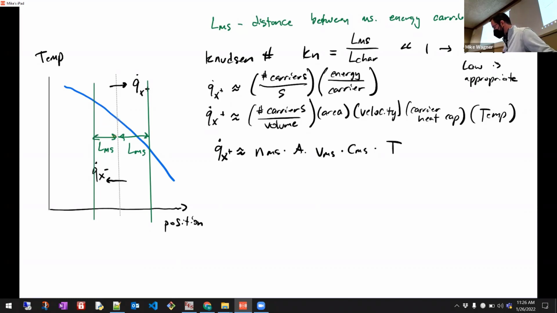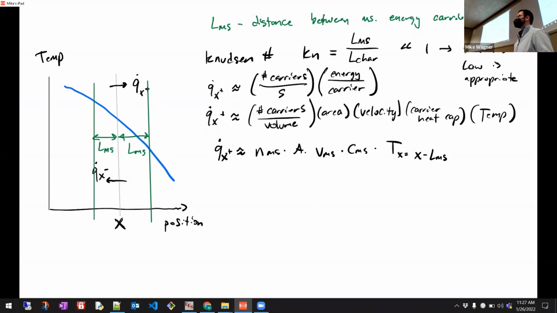So this temperature is the temperature at x minus L_ms, where we say the plane's position is x. So Q in the x plus direction is at x minus L_ms.